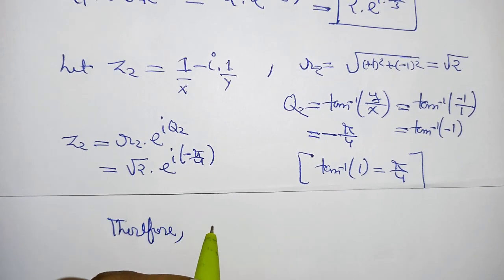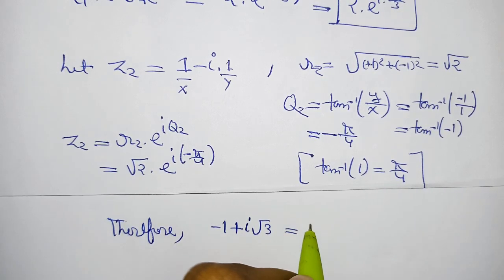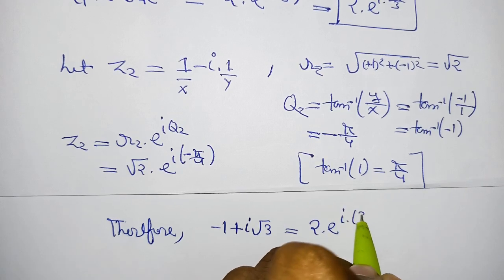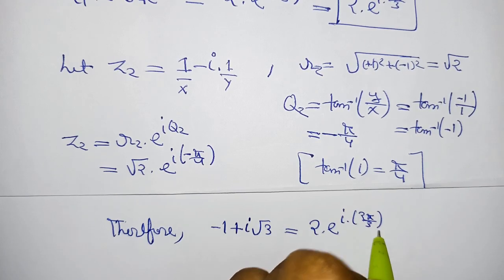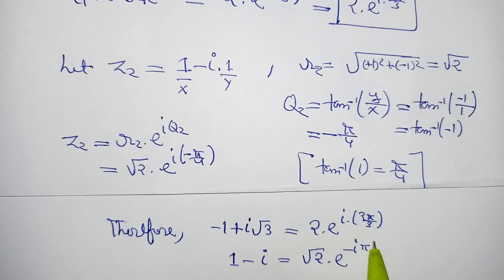Therefore, we have minus 1 plus iota square root 3 is equal to 2 into e raised to power iota into 2 pi by 3, and 1 minus iota is equal to square root 2 into e raised to power minus iota pi by 4.